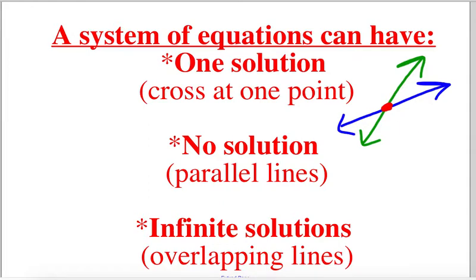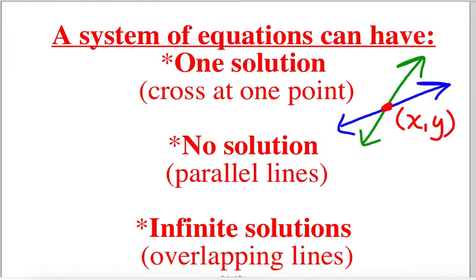Because at that point, whatever the x and y value is right there, that would solve both equations. So if you graph your lines today and you notice that they cross at one point, that's called one solution. And then they want you to name that ordered pair. They want you to name the x and y.